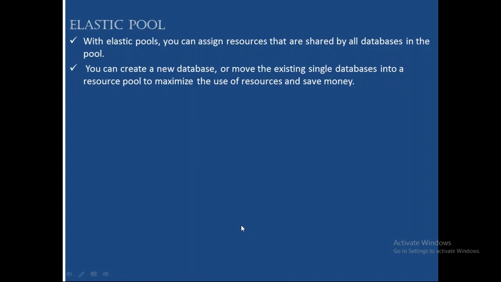Basically, what happens, a very simple example: I have a 1 TB hard disk and my friend has a 5 TB hard disk. Maybe I have a lot of data and my friend doesn't have any data. Now I want to make sure these two hard disks are sharing the resources.